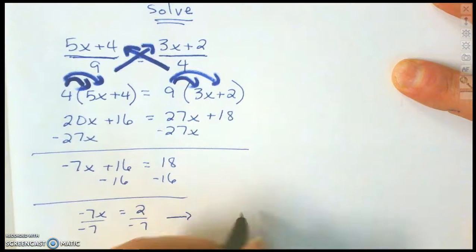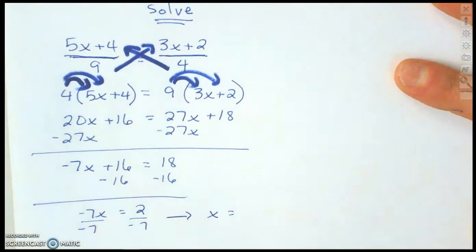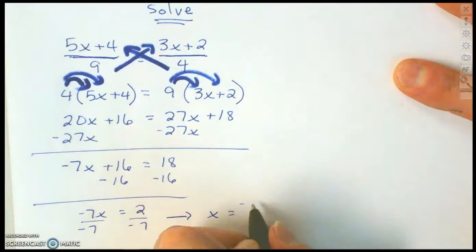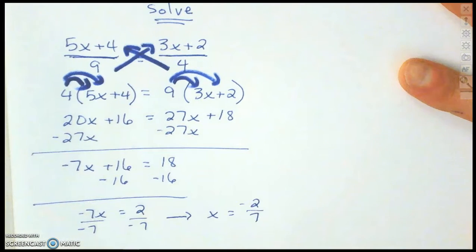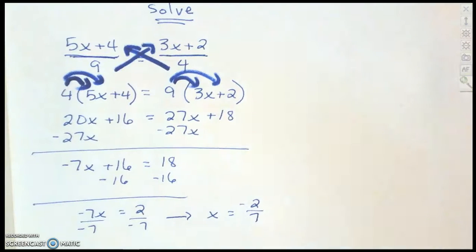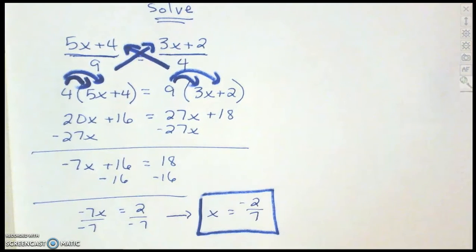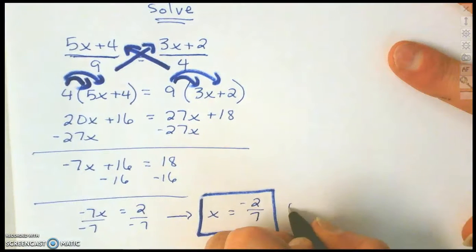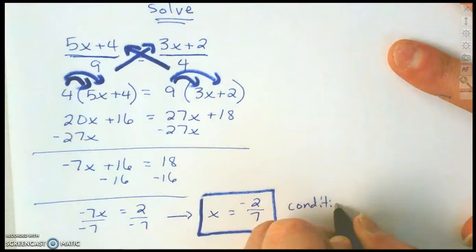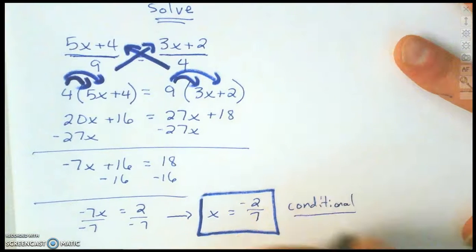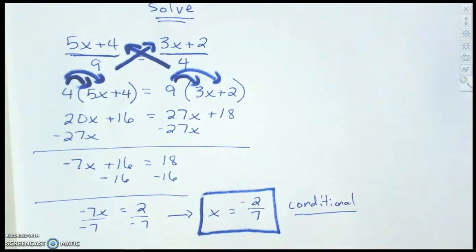And when you rewrite this, bring that negative up to the top. And now we have x equals a minus 2 sevenths. And we talked about the 3 types of equations. So what type of equation is this? Well, this is called conditional. So this is called a conditional equation. Why is it conditional? Because we have an answer.